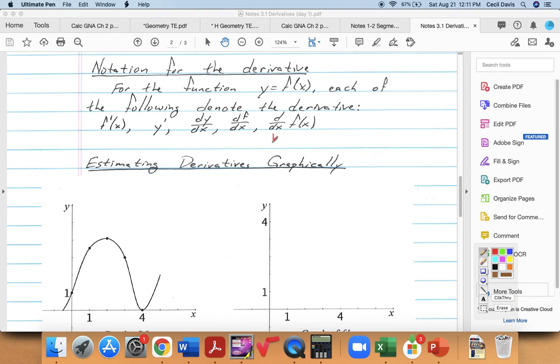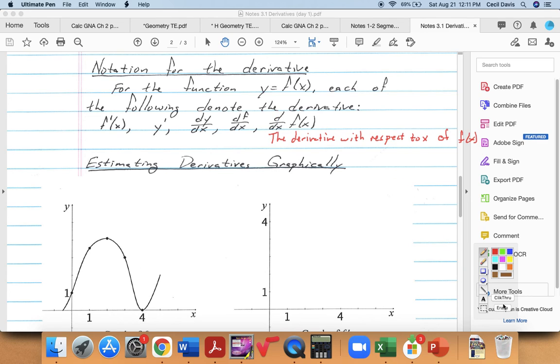So that's a slightly different way to write that. You will see this, the derivative with respect to x of f of x. So now this becomes an operator and not just a symbol.